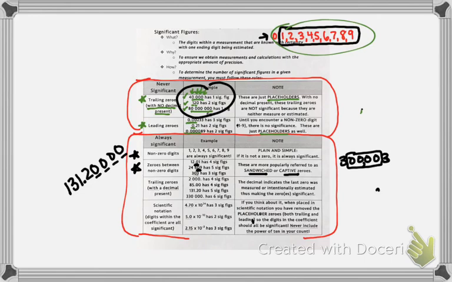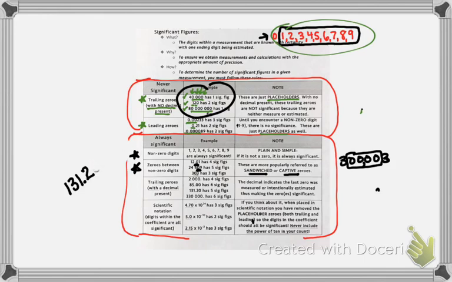So the thing is, if I got rid of those zeros, you have to think of it like this. If I got rid of those zeros, all right, the number still reads the same value. It's still 131.2, but the zeros behind it mean something. They mean that it was not just 131.2, it was exactly 131.20000. We were able to take the measurement that far.